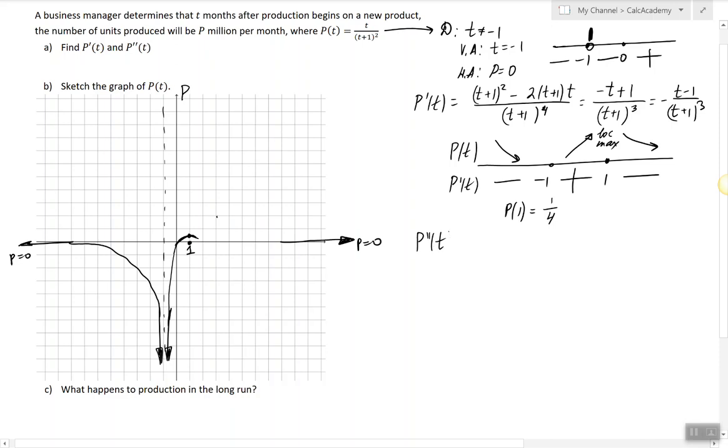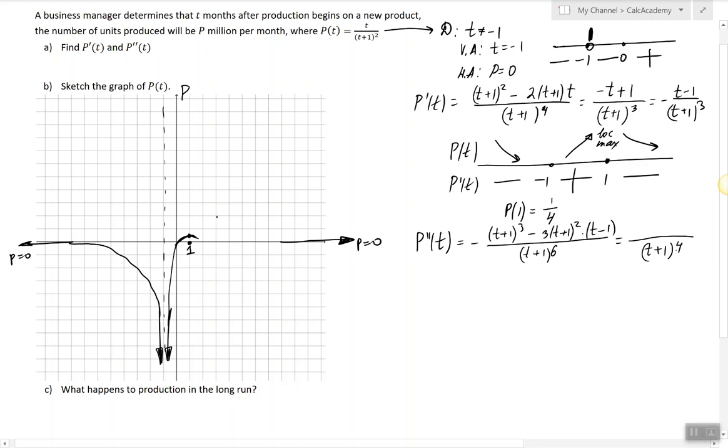To determine where the concavity changes, we will find the second derivative of the function. It would be the derivative of the numerator times the denominator minus the derivative of the denominator times the numerator. Again, I'm going to factor out t plus 1 squared in the numerator and reduce it with 2 t plus 1s from the denominator, so we'll still have t plus 1 to the power 4 left.